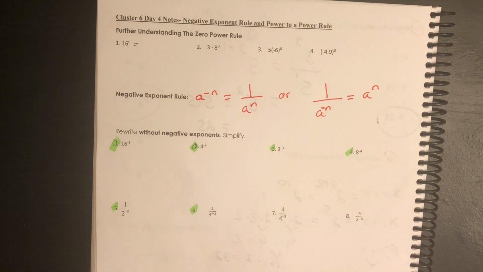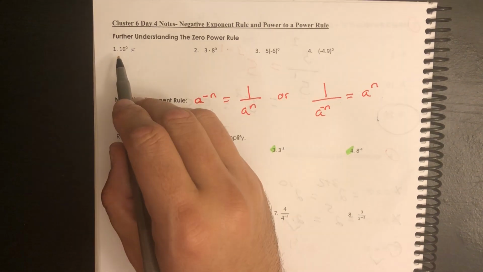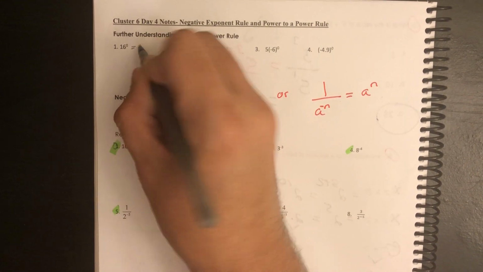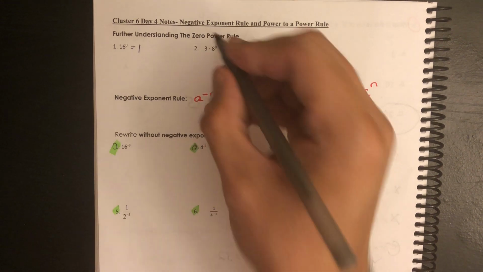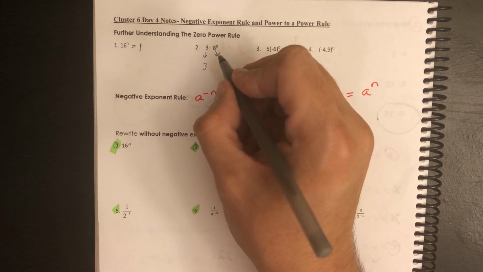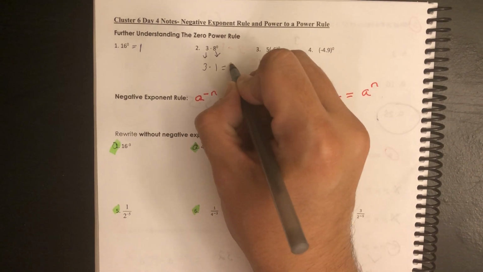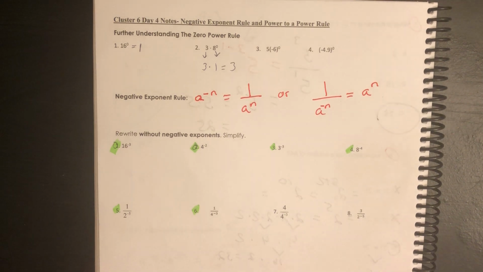Okay, so remember the zero power rule basically says anything to the power of zero equals one. So for example, 16 to the power of zero is one. The three can be brought down, and then 8 to the power of zero is just one. So 3 times 1 is 3. Okay.